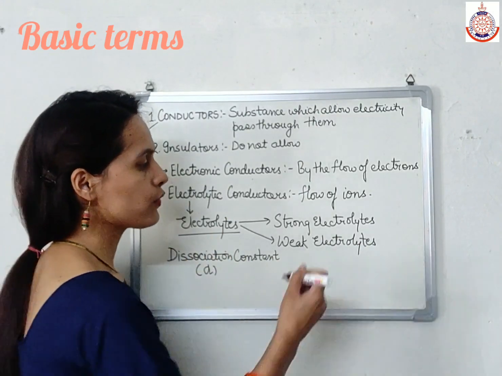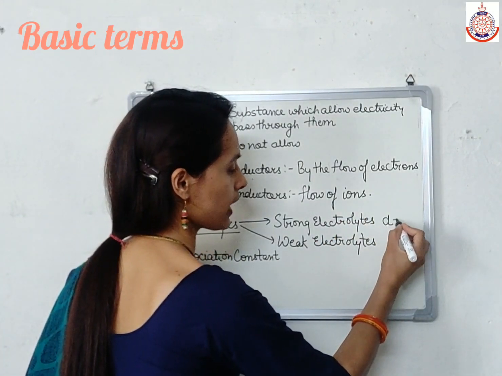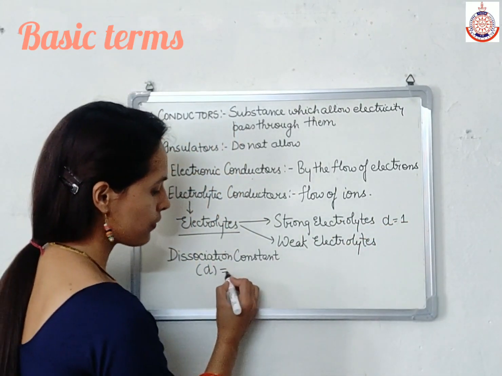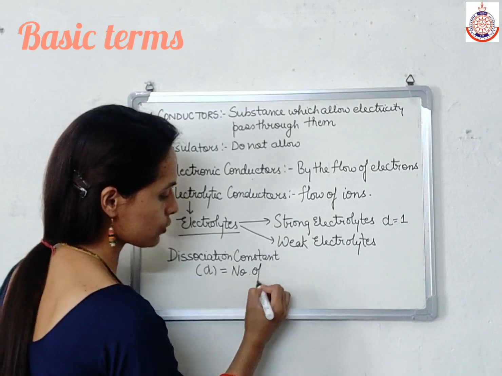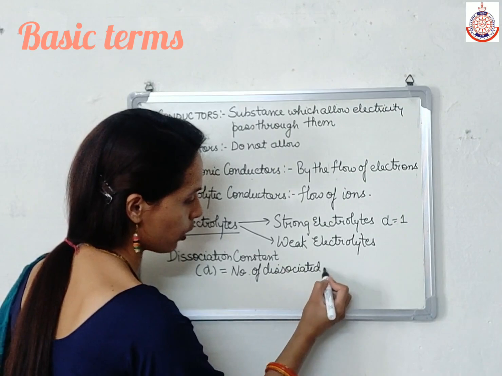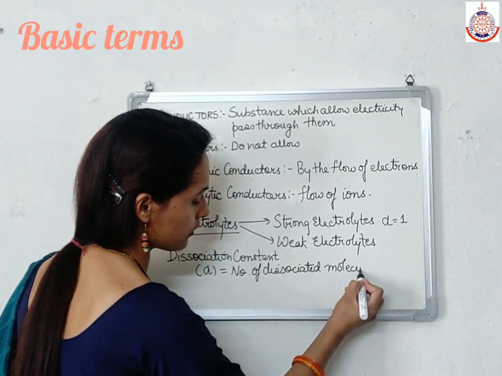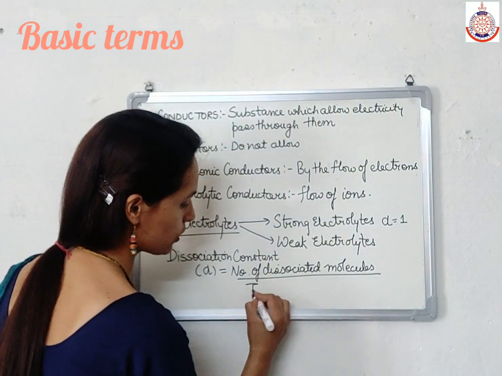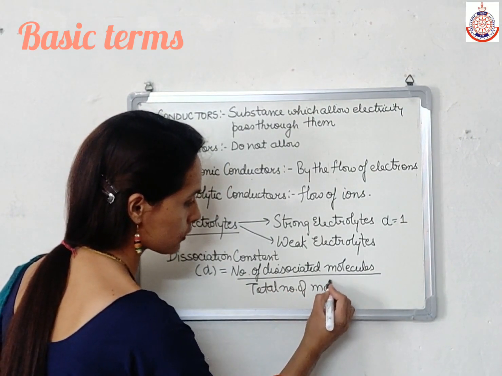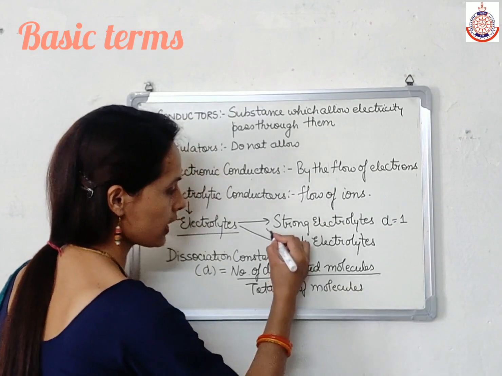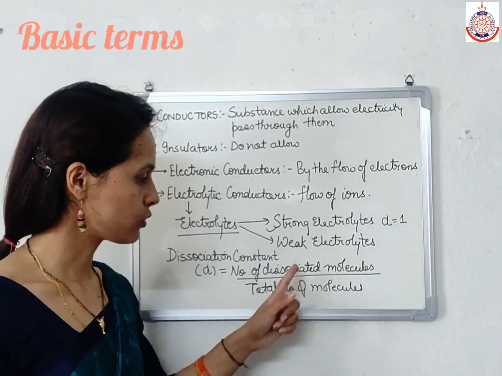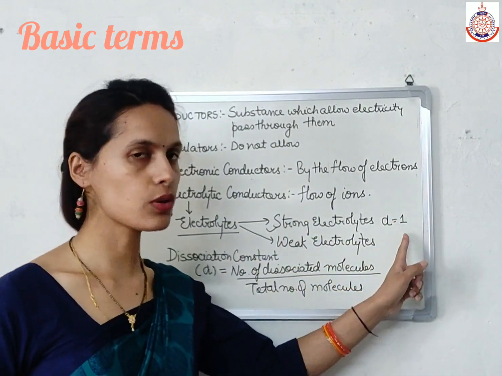For a strong electrolyte, alpha is always equal to 1. Why? Because alpha is the number of dissociated molecules divided by the total number of molecules. In a strong electrolyte all the molecules get dissociated into ions, so these two are equal and alpha becomes 1.